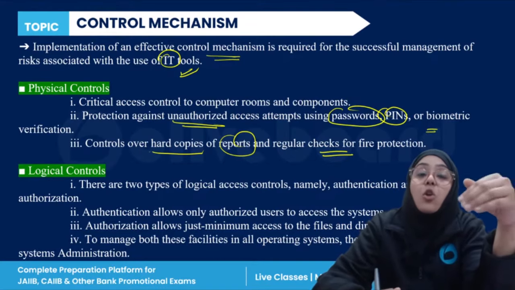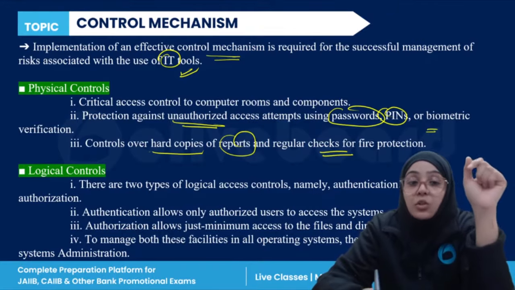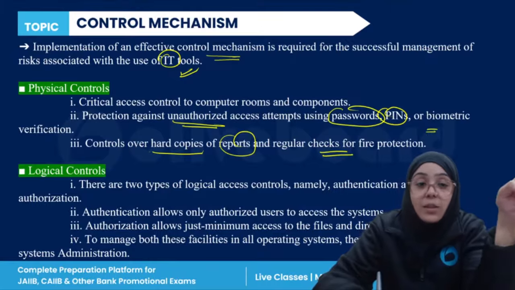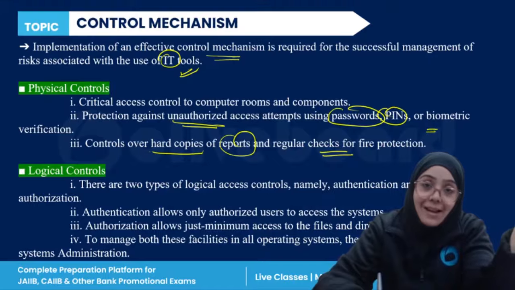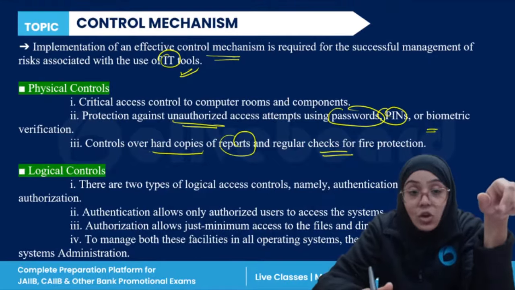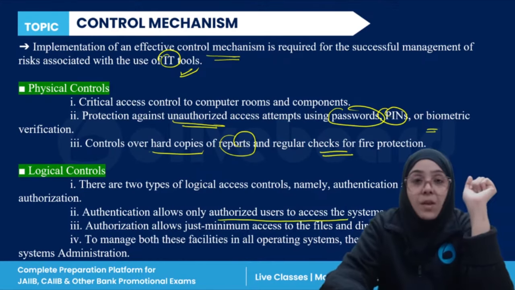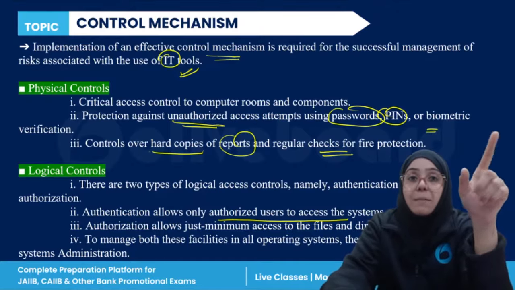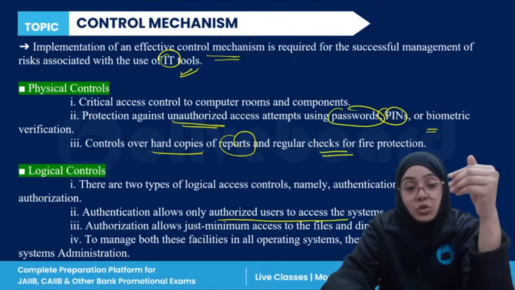Now there are some logical controls also. What are the logical controls? First of all, there are two types of logical access control, namely authentication and authorization. Authentication allows only authorized users to access the system. I am authorized to use this system, so I have to enter my biometric authentication to use it. This is known as authentication.